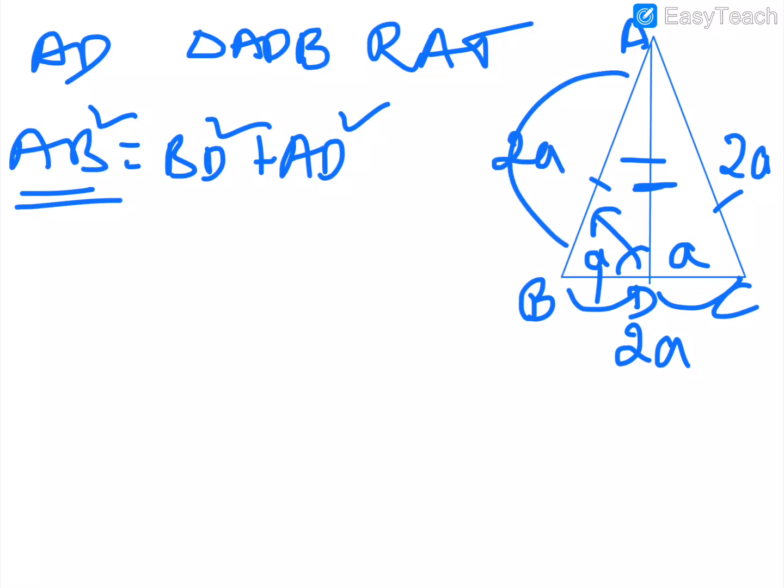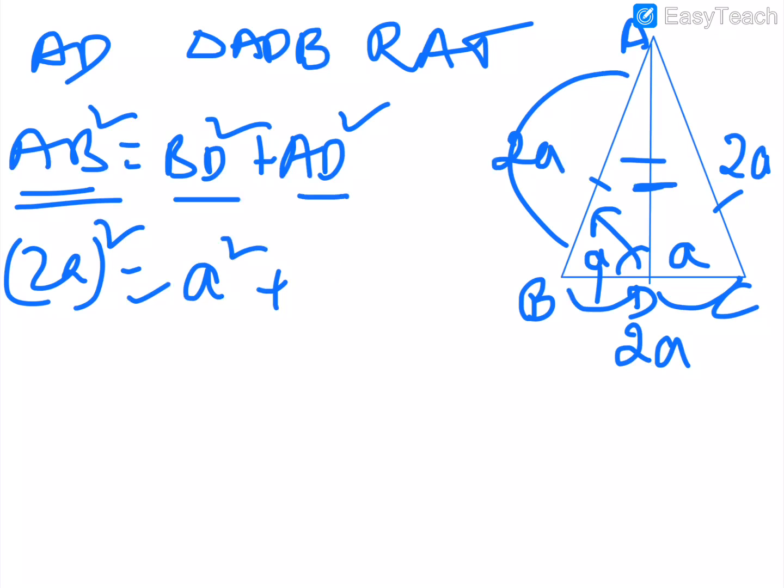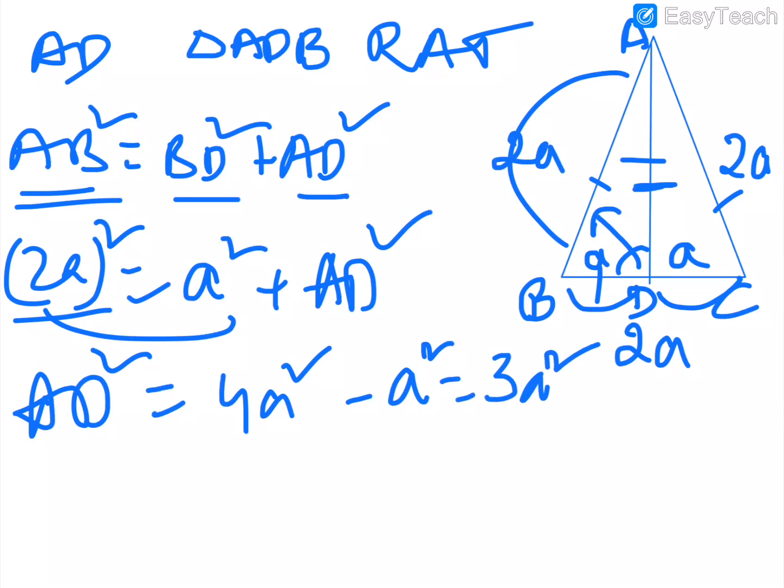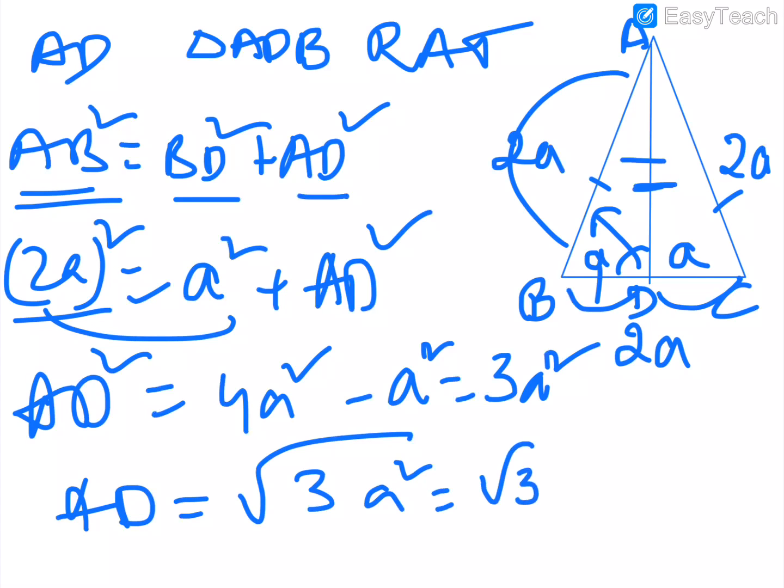Now AB is 2A, BD is A, AD we don't know, that is what we have to find out. So AD square is equal to 4A square minus A square, which is 3A square. So AD is equal to root 3 into A. So this is the height. If side is 2A, altitude will be root 3 into A.